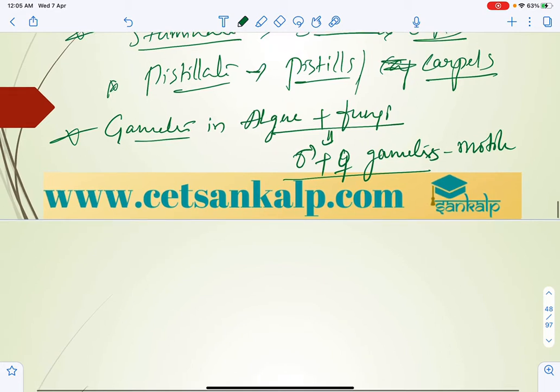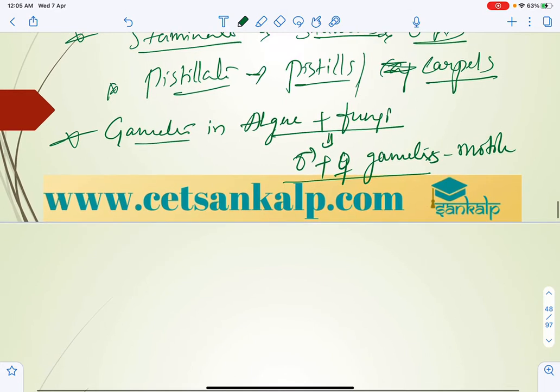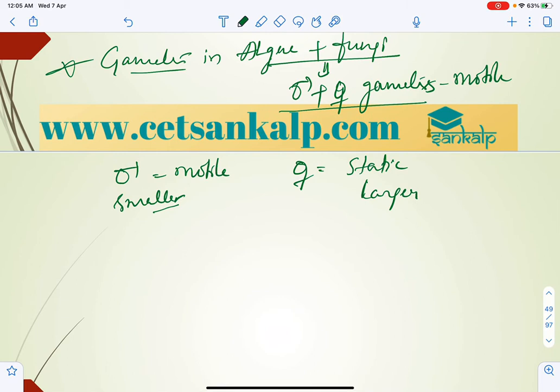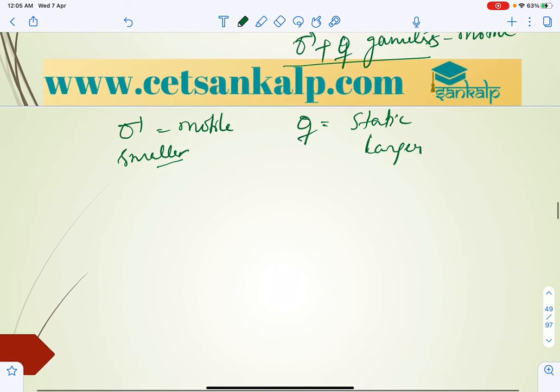In most organisms the male gamete is motile and the female gamete is static. The male gametes are smaller, and the female gametes are a little larger compared to the male gametes. So a medium is required for this.